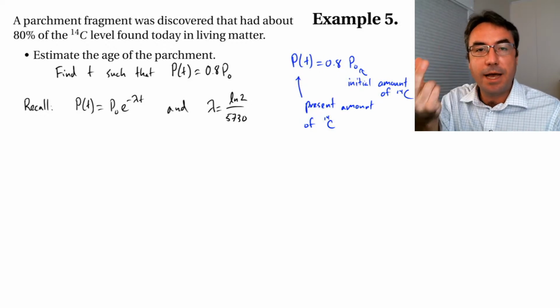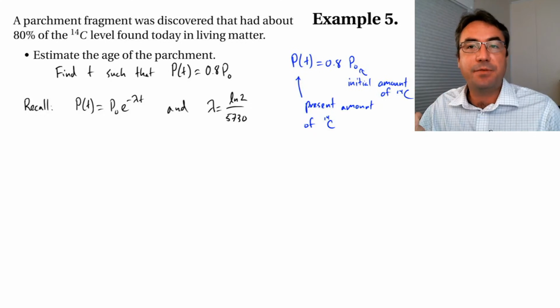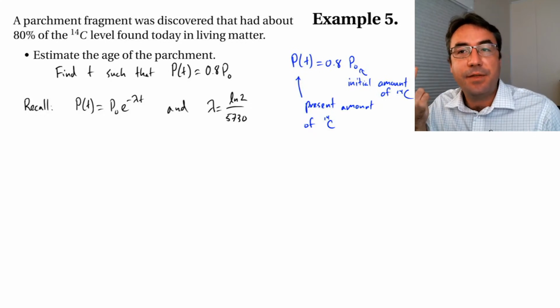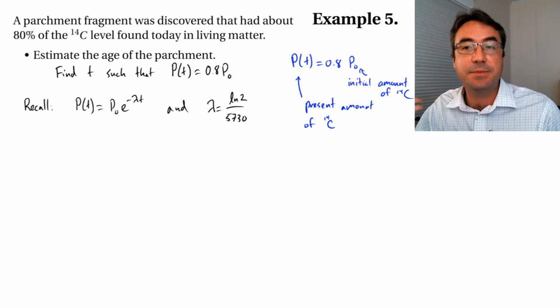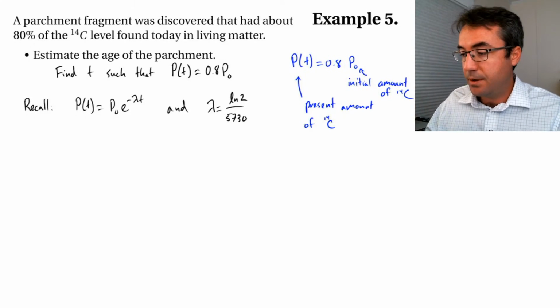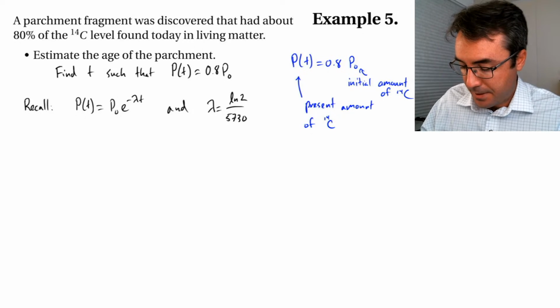So we have our exponential decay formula, we have our decay constant, and then we also have this data point that the present amount of carbon-14 is equal to 0.8 times the initial mass, P0. So we can use that all to set up an equation.